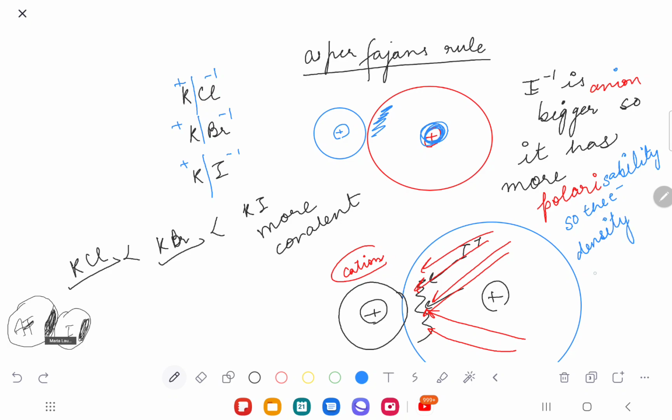So the electron density is accumulated in the center of two nuclei, isn't it, Mark? So this is the second half of your ionic bonds.